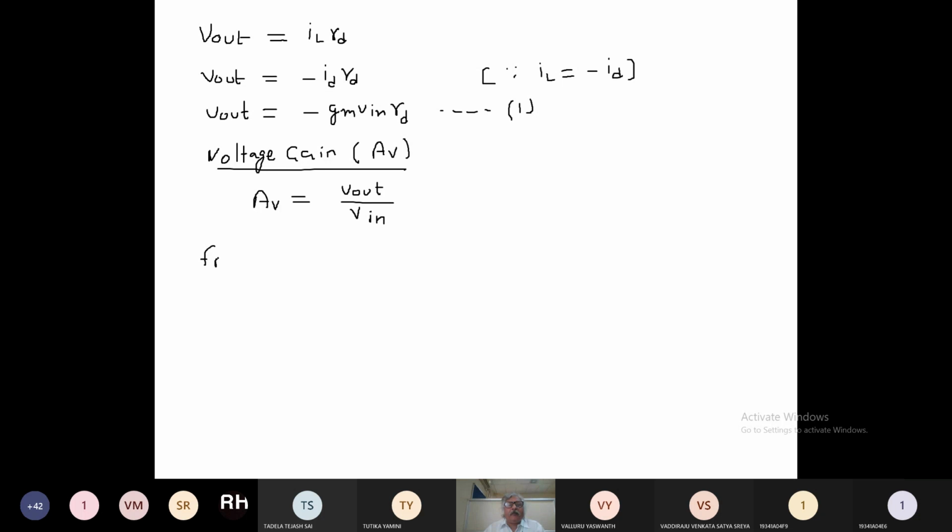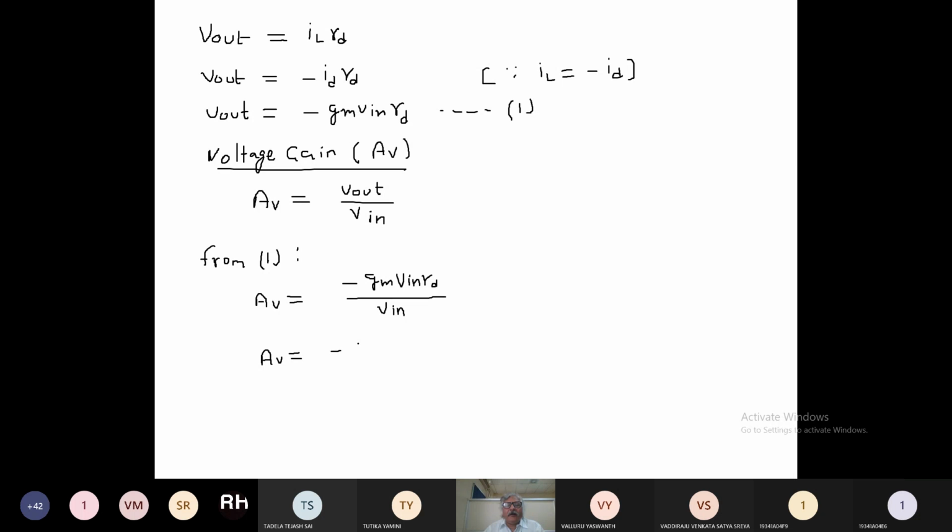So from 1 we can write the voltage gain, or what you can do, Vout is already given, it is minus GM Vin RD by Vin, right? Vin in the numerator and Vin in the denominator will be cancelled out.